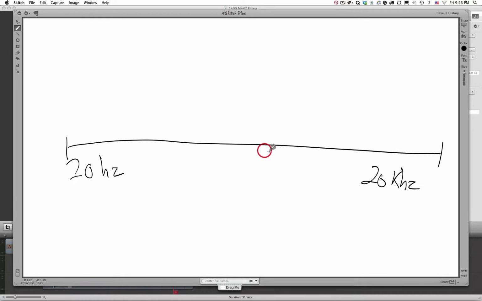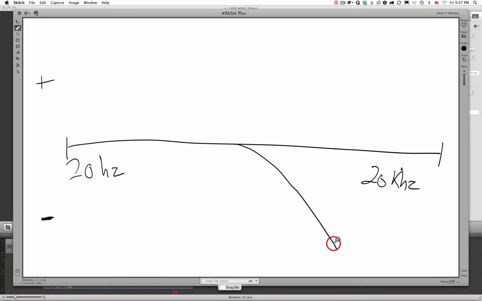And we could diagram a filter. So if this is our spread from low to high frequencies, and this is our ability to add or remove frequencies, then here's a question for you. What type of filter would that be?